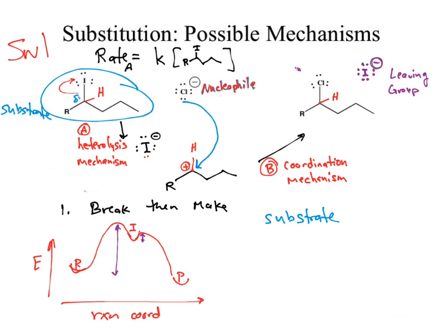What part of that structure was the substrate? I heard you said the I. The I is arguably the leaving group. So what's the substrate? The carbon chain. Do I care about all these other carbons?